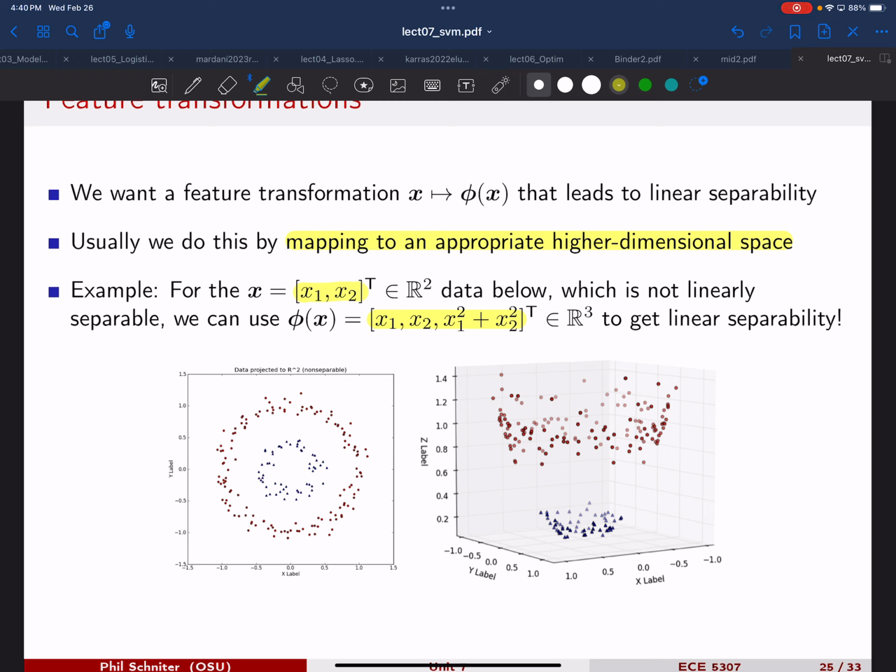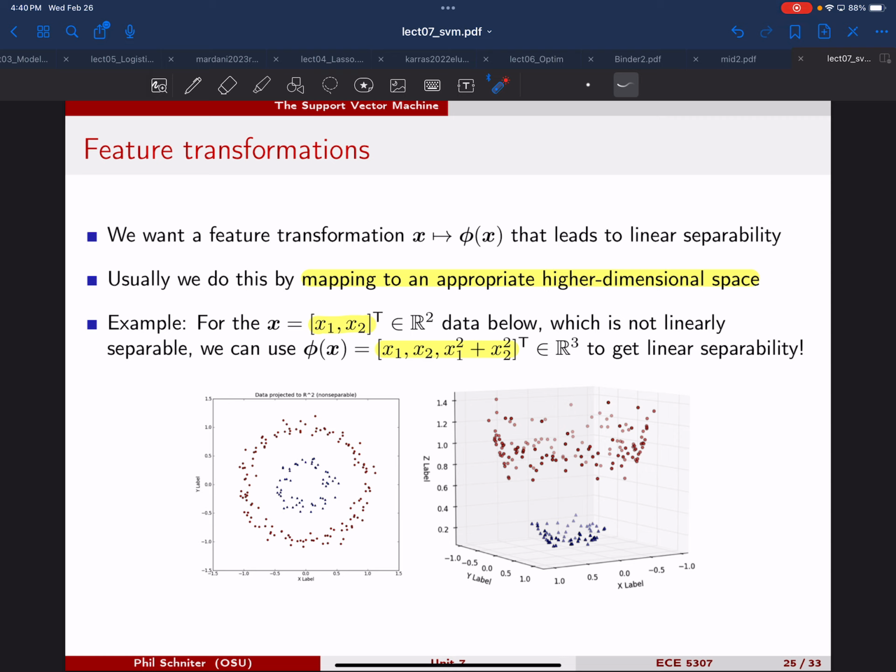It turns out people have, using smart ideas, designed some pretty famous transformations that work pretty well for most data sets, and we'll talk about them. But still, you're choosing from one of a few of these famous kernels or transformations, and it's not clear that that's going to be the best thing for your data set.